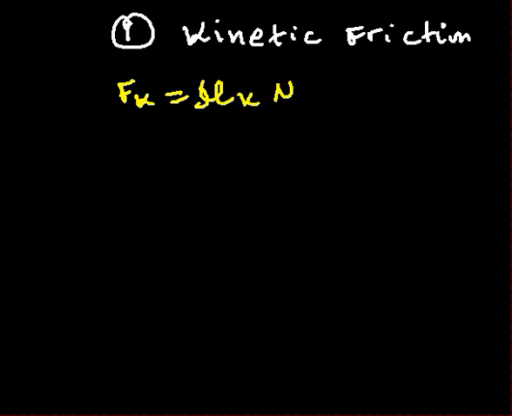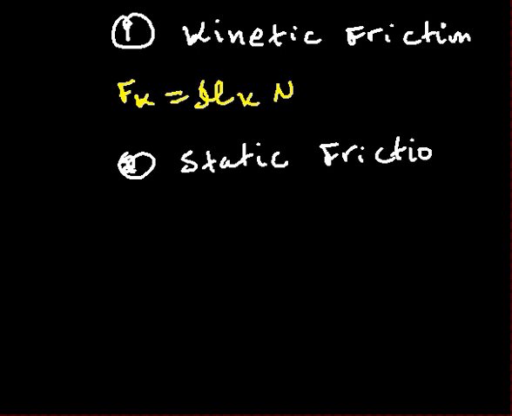And we also have what we call the static friction force. So what is the static friction force? It is the friction force associated with objects that are not moving. As the name suggests, static means being at rest, and it is given as Fs equals mu s times the normal force.